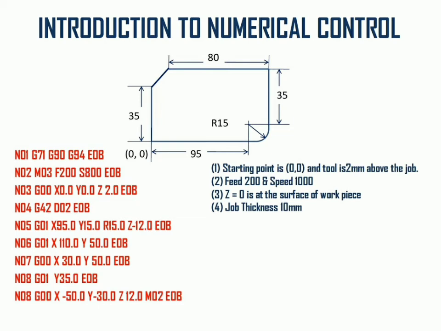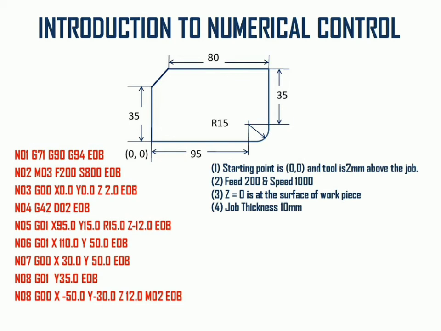So the next instruction block N05, the machining we need to start from one point to another point. So from the origin we need to move the tool to the next point. The next point coordinate is X95, Y15.0, with a radius of about 15.0, and for Z the feed is about 2 mm and the thickness of the plate is 10 mm.